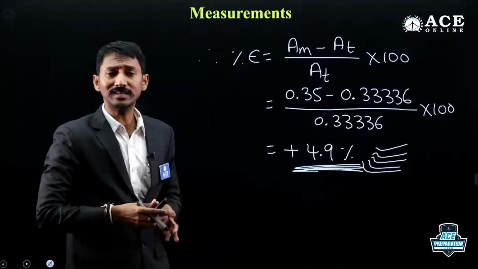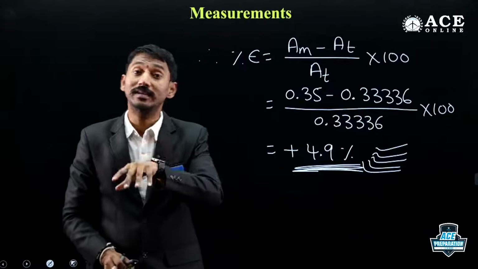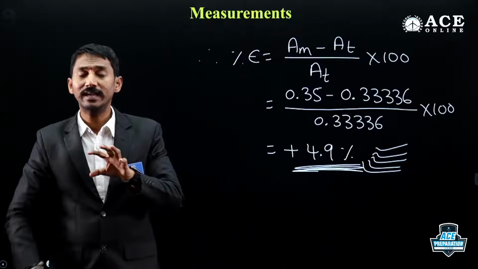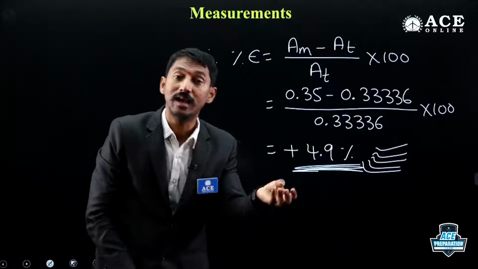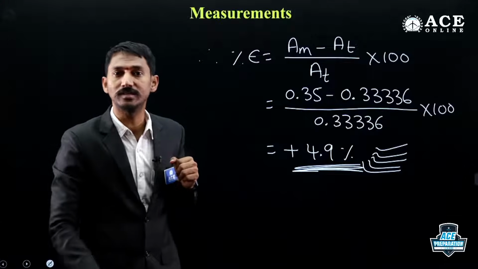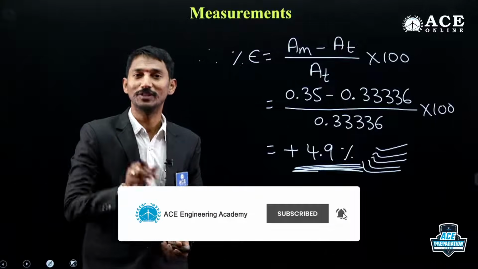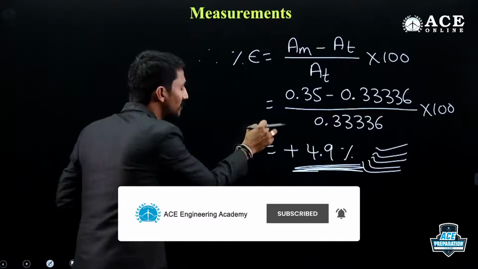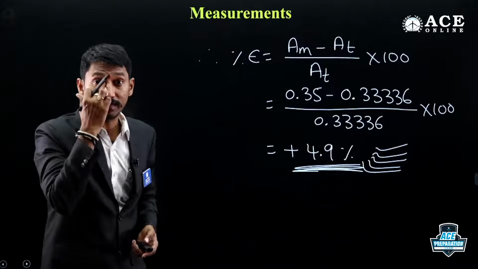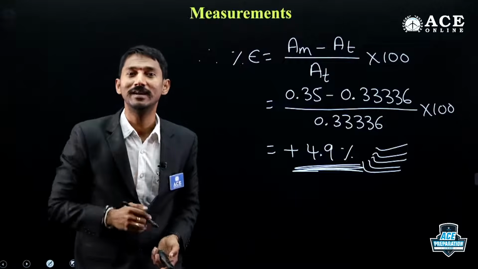Nothing but, with this entire potentiometer question, what have I taken? Balancing at different lengths. After getting the balance at different lengths, we have calculated current through some resistor, voltage across resistor, etc. That is the point. That's why I told you, if you understand this question, all varieties of potentiometer balancing conditions will be clear.